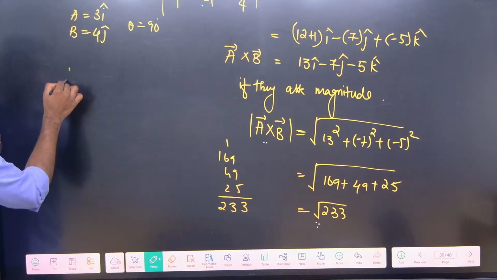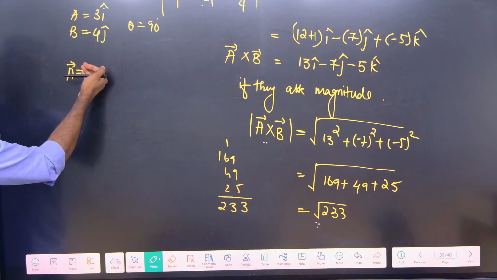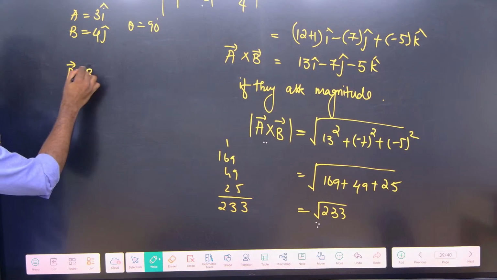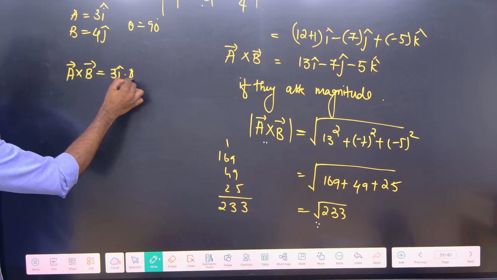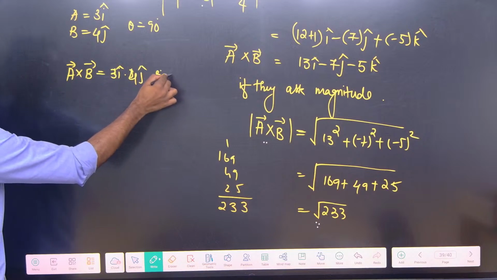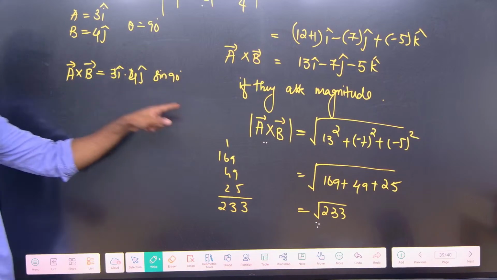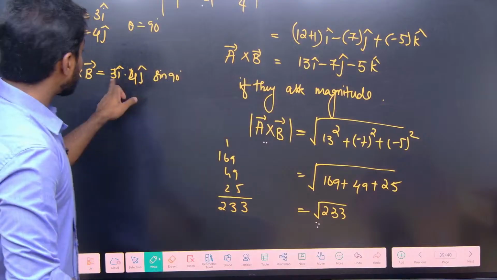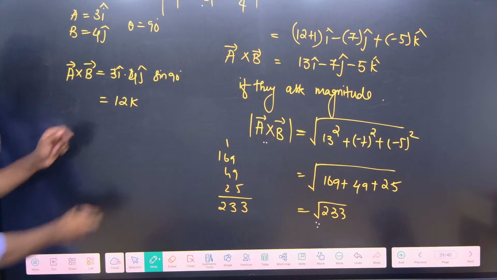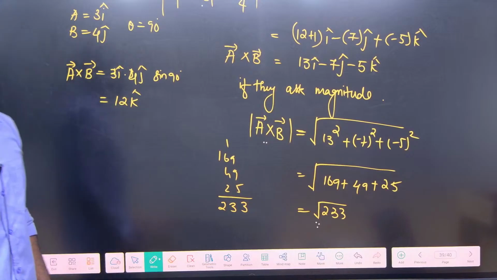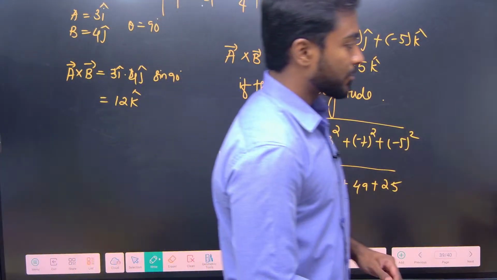So A cross B will be equal to 3i and 4j sin 90. So i cross j is k, 3 into 4 is 12. So 12k sin 90, and sin 90 is 1. So the answer is 12k cap.